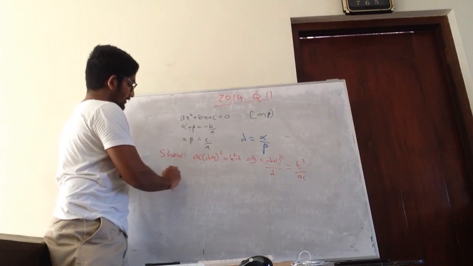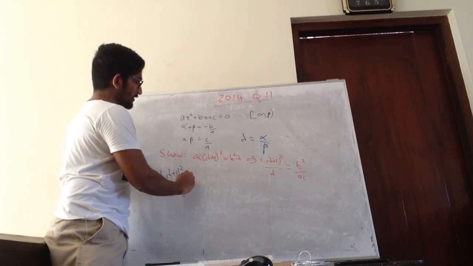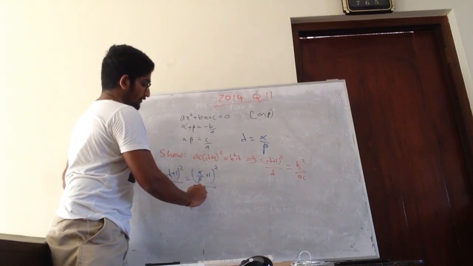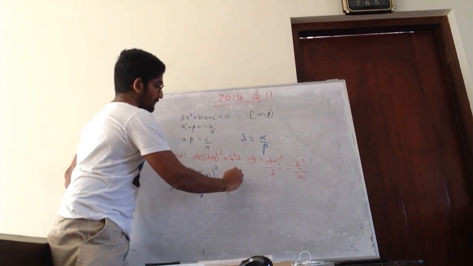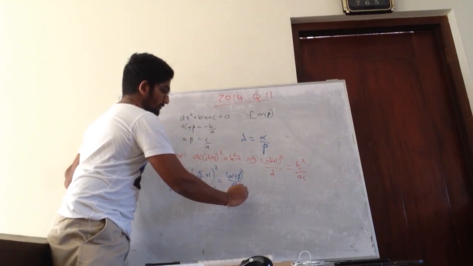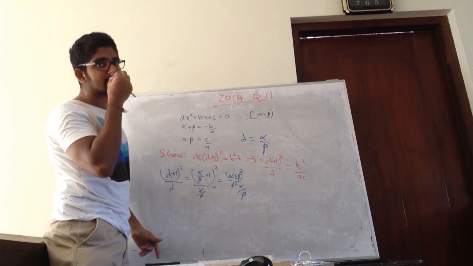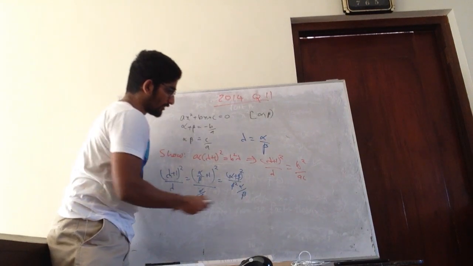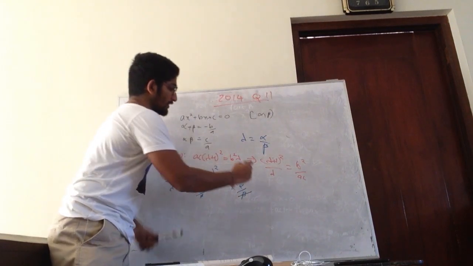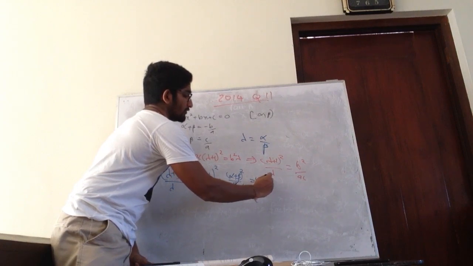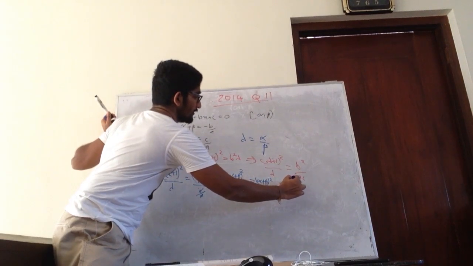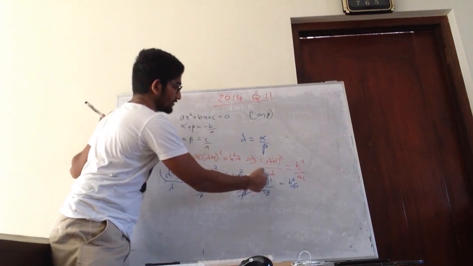So what is lambda plus 1 squared over lambda? It is alpha over beta plus 1 squared over alpha over beta. This is alpha plus beta squared over beta squared, over alpha over beta. Then I'm going to cut one of these betas out. So I'll get alpha plus beta squared over alpha beta. So alpha plus beta squared is b squared over a squared, so the minus gets cancelled over the square.